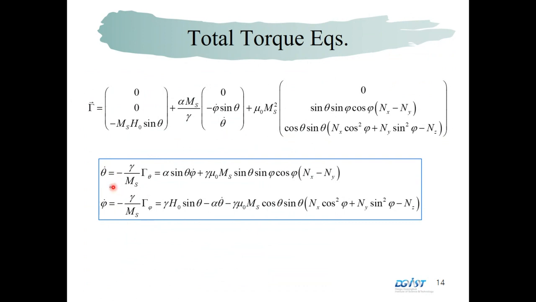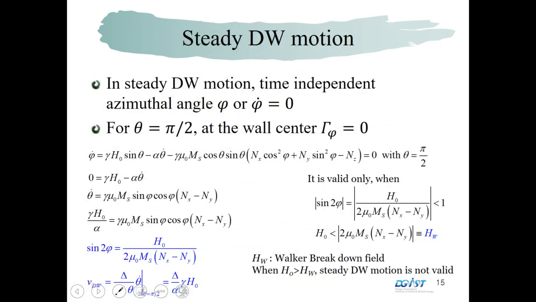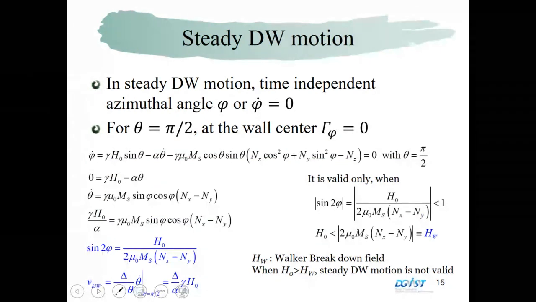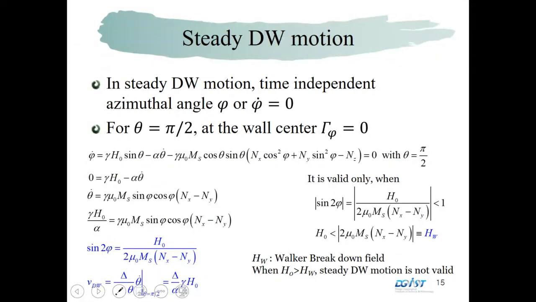Okay, and this is the first-order differential equation for theta and phi, and we have phi dot here and theta dot here. So those two equations are coupled ones. Okay. So let's try to solve the equations.